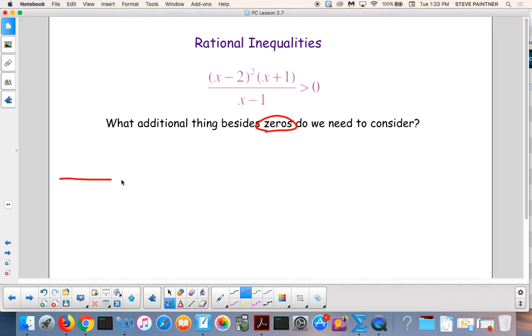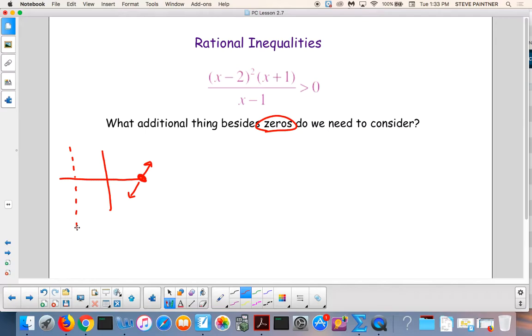Okay, first of all, why are zeros so important? Because on this side of the zero, you might have negative y's. On this side, you might have what? Positive y's. That's why they're so important. There's something else. Vertical asymptotes.